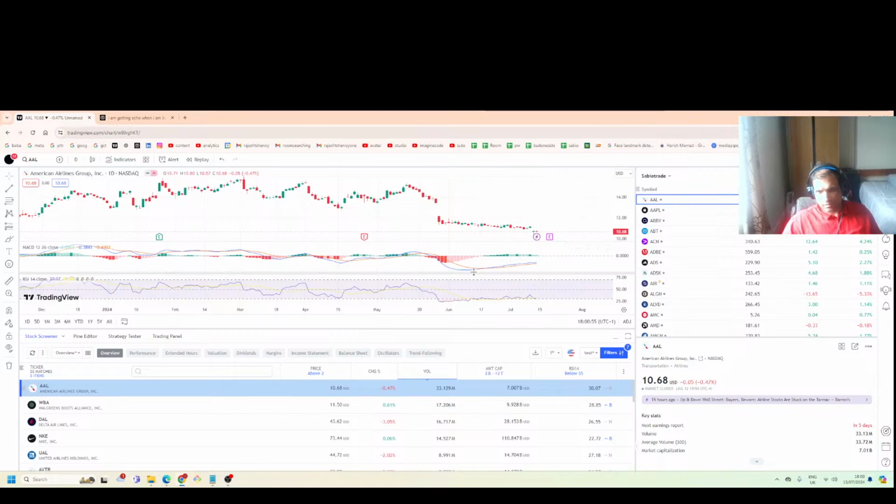And now we've got some, for example, American Airlines here. If you look closely, MACD has already crossed the MACD level and it's above.